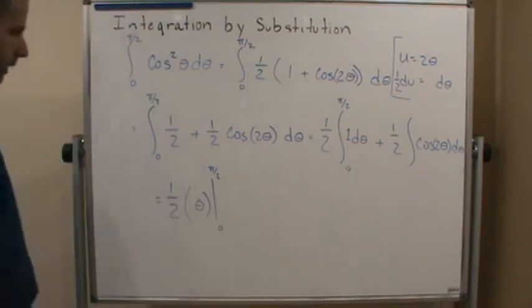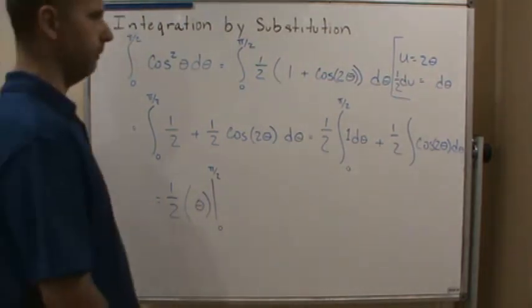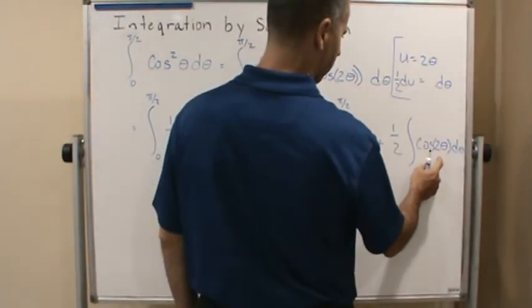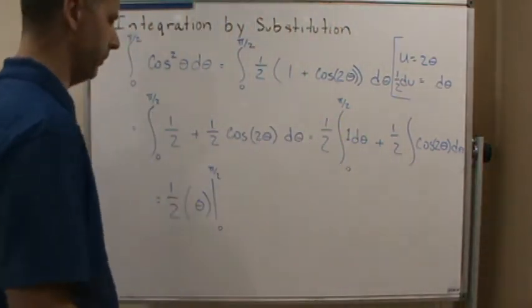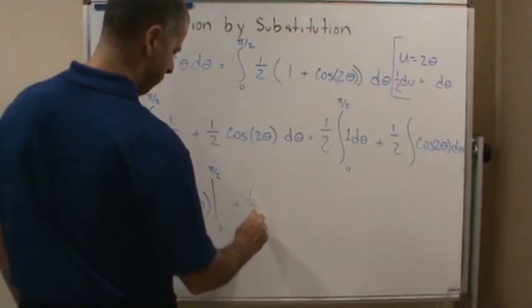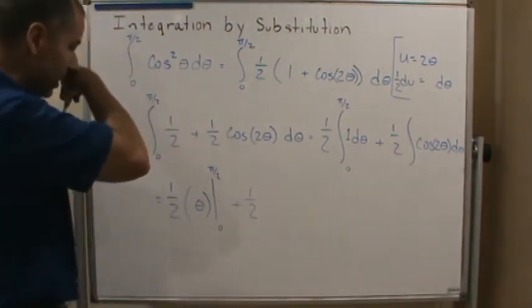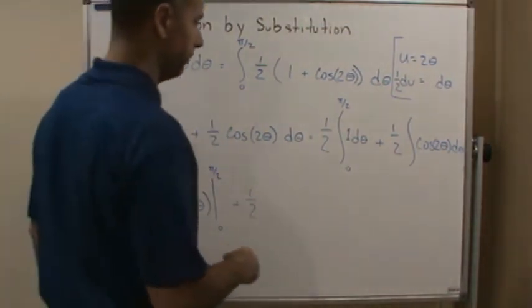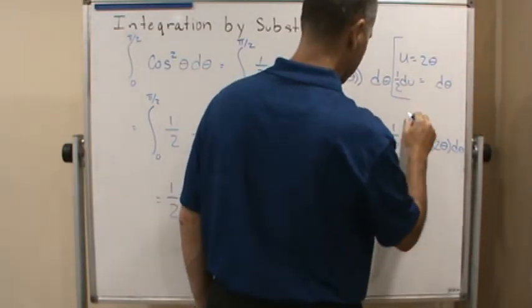So, okay, I'm not going to do anything there. But here, I'm going to use my U substitution. Now, I'm going to write this as 1/2, and now my limits are going to change once I do the u substitution.